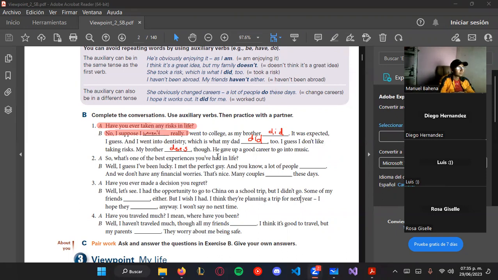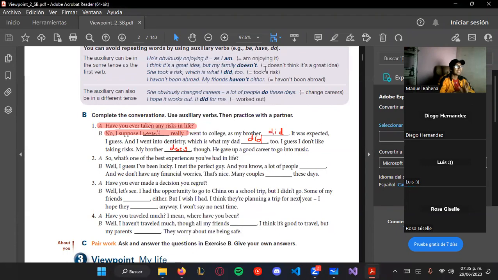Que como que se rindió, o se rindió de, es que sí sé, pero no sé cómo decirlo en español. No, ¿qué sería? ¿Dejó? Ajá, dejó una buena carrera para dedicarse a la música. Exactly, to go into music, para dedicarse a la música. Yes, just like that. Okay?